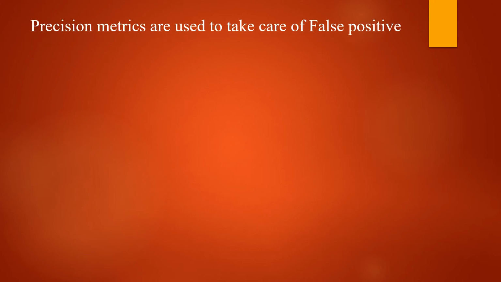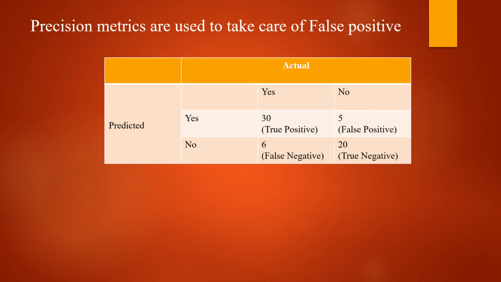Now let's learn about another matrix. Now let's learn about precision matrix. Precision matrix are used to take care of false positive. Over here, 5 is false positive. Here, there are people who actually do not have diabetes, but they are predicted to have diabetes. Here, unnecessarily insulin will be administered to them, which will be a wastage of resources. Hence, we have to reduce our false positive.